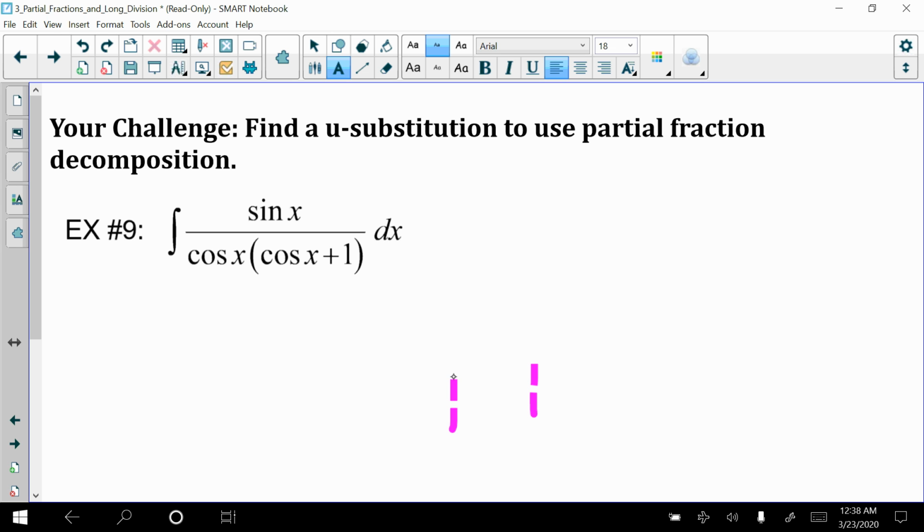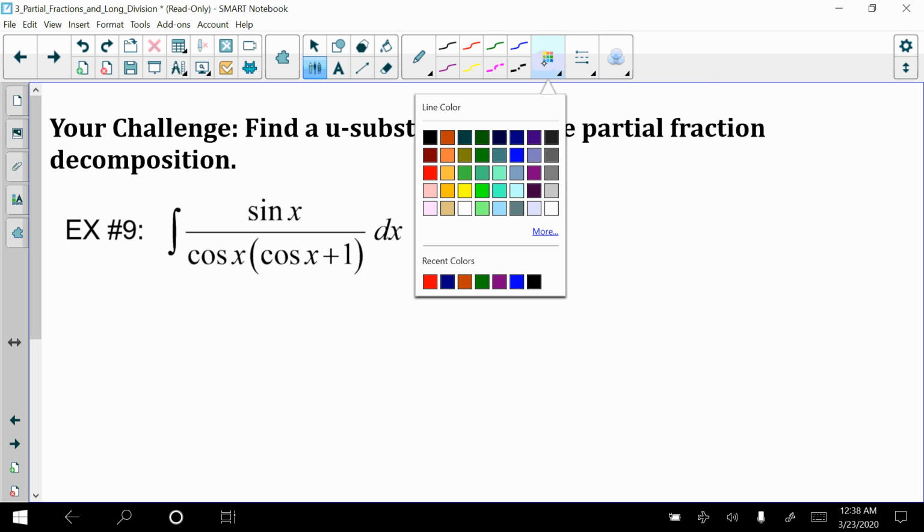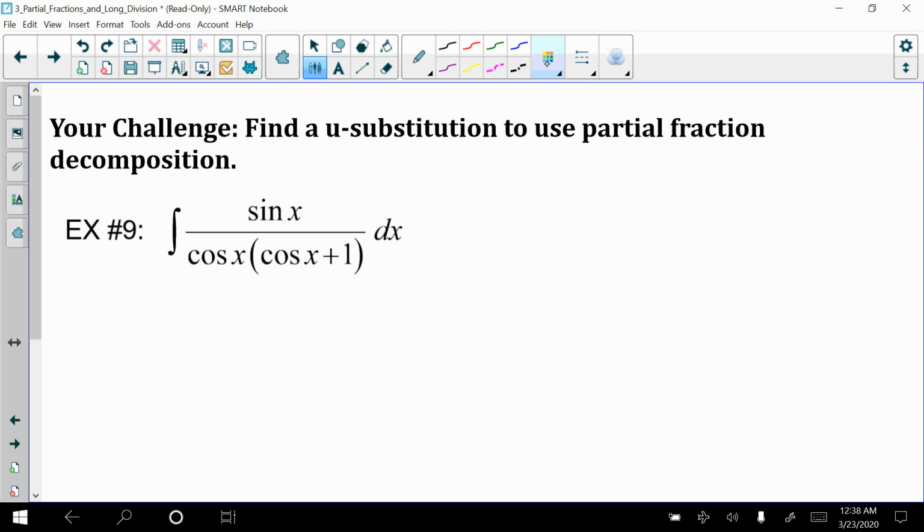Let's go ahead and get a color here and get to work. So we have the expression sine of x over cosine of x times cosine x plus 1. And we can use U substitution here because if you notice, the derivative of cosine is sine, or rather it's the negative sine of x.